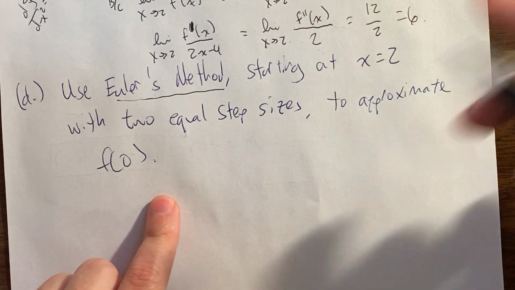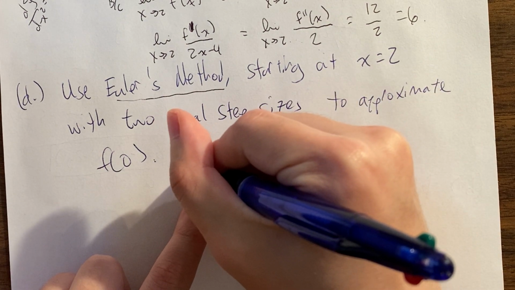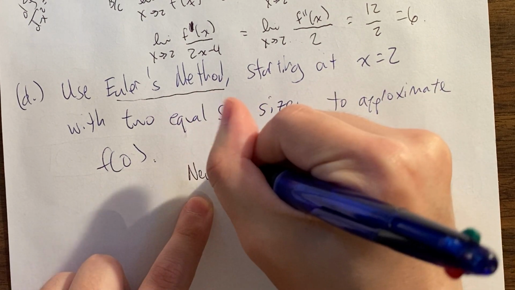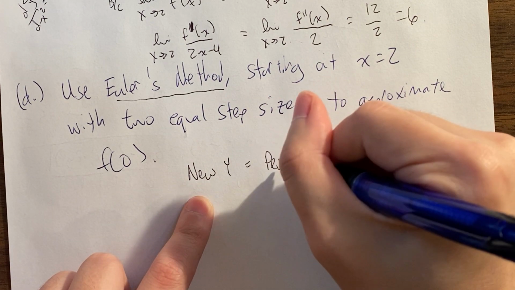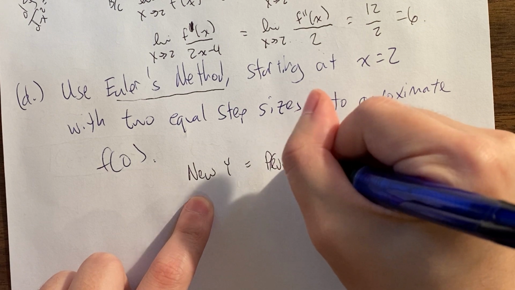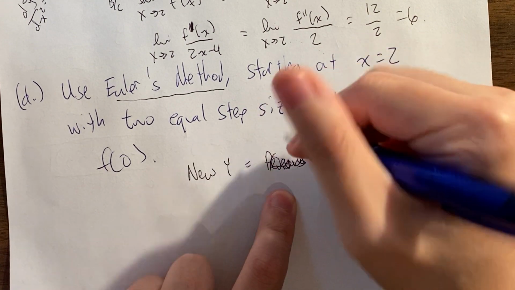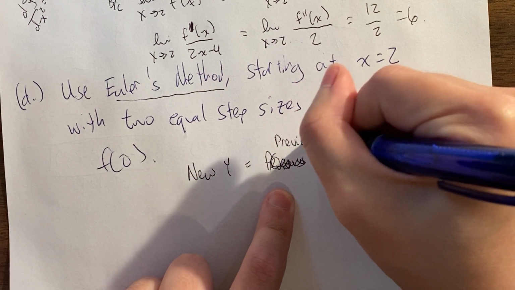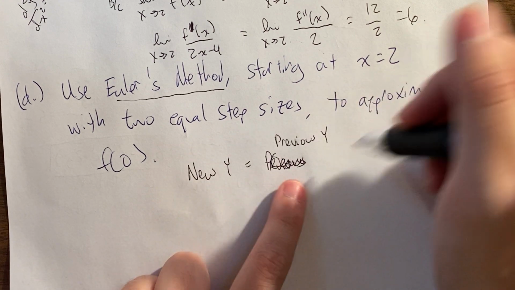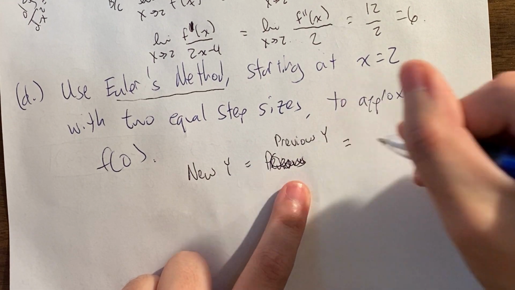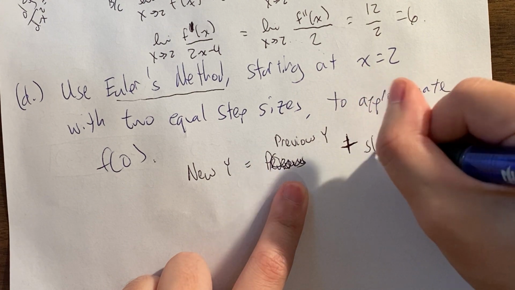But for now, what I like to remind my students is that the general process is you want to find a new y or the next y. And what it is, it's the previous y. So the word previous. It's basically just a line where you bring over, it's like y2 minus y1 equals slope. So it's the previous y plus the step size times slope.